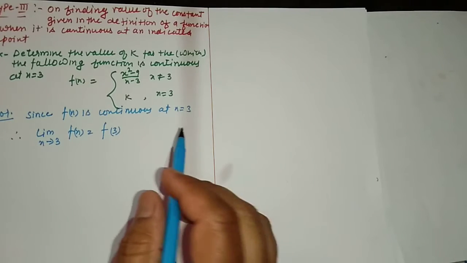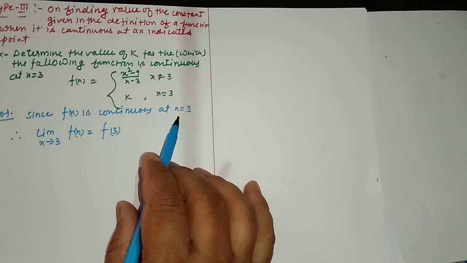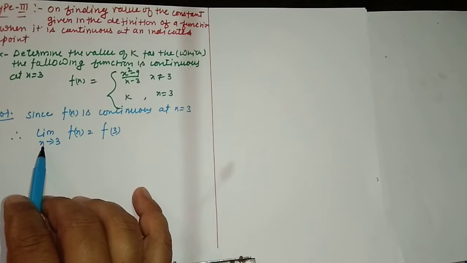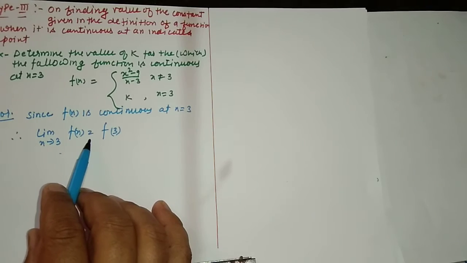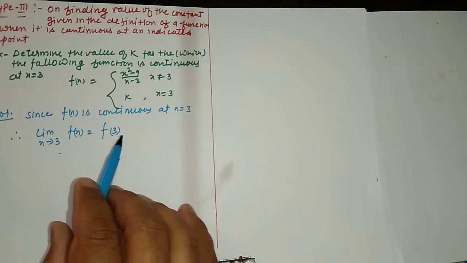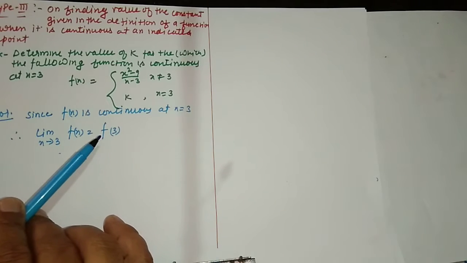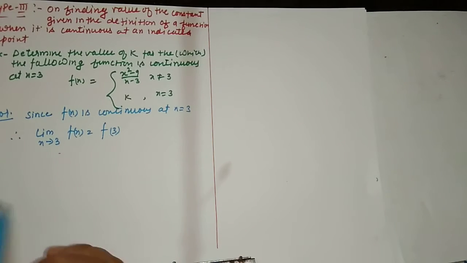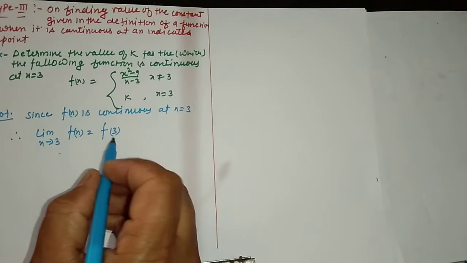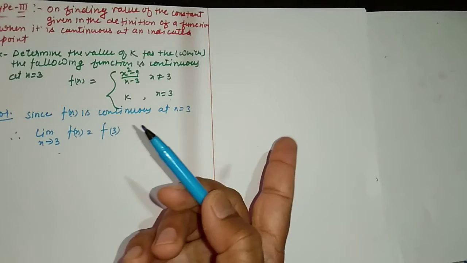The function is already continuous, so we can say that the limit exists, and the existing limit is equal to the value of the function at that point. So at x is equal to 3, the value of the function will be equal to the existing limit. Okay? We also know that at x is equal to 3, f(x) is equal to what? k.